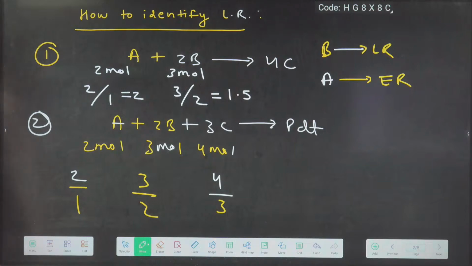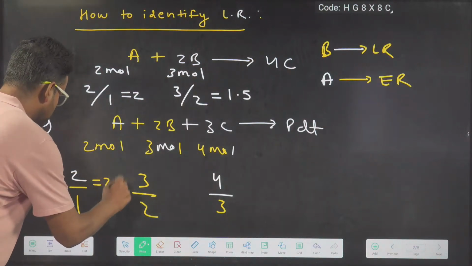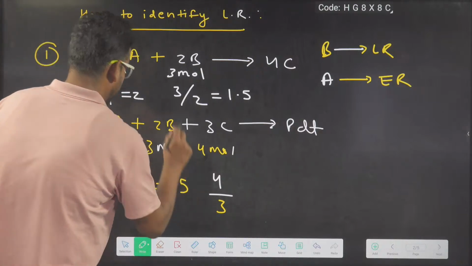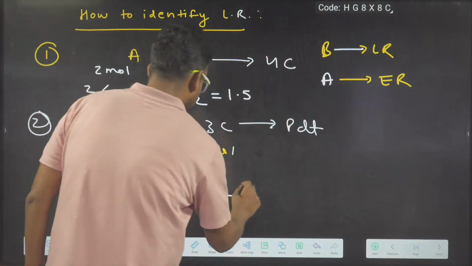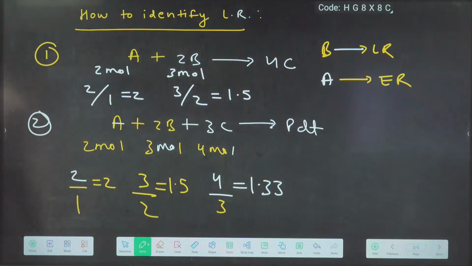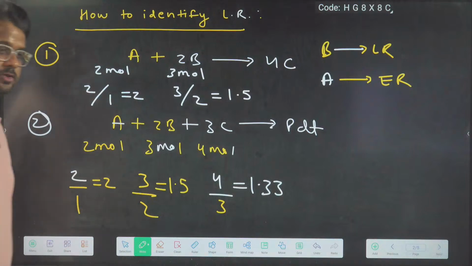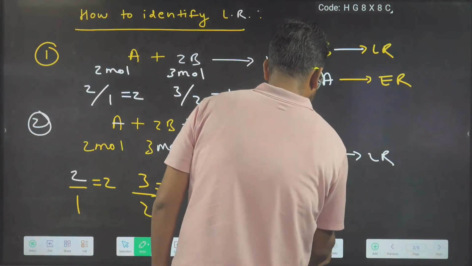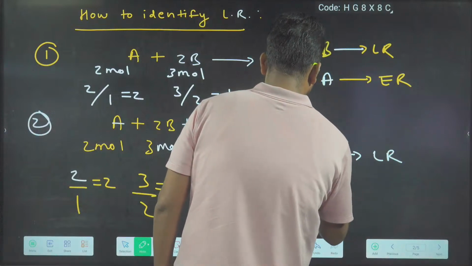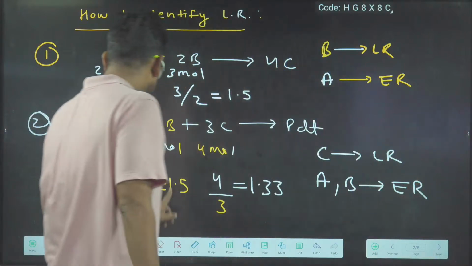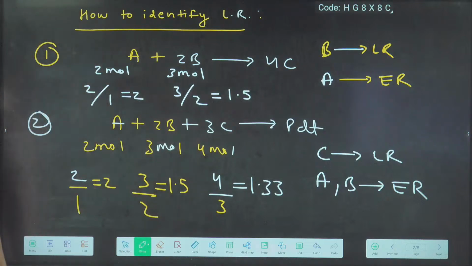Which is smallest? 2 by 1 is 2, 3 by 2 is 1.5, and 4 by 3 is 1.33. So which is smallest, children? C is the limiting reagent. And A and B are both excess reagents. A is also excess, B is also excess. They both will be left.